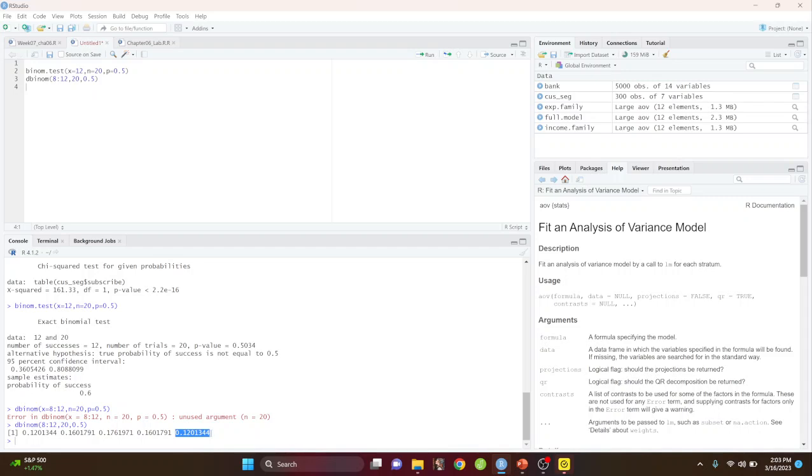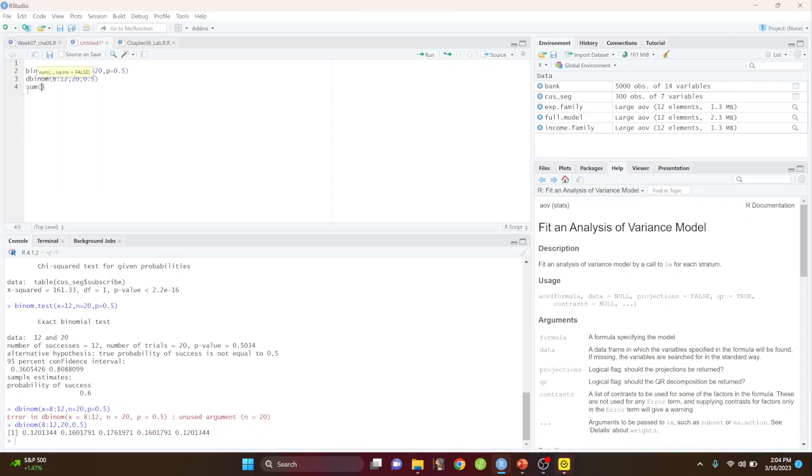Now, sometimes you might want to sum this up. You want to see if I take all these sample sizes, all these customers ranging from 8 to 12, we can sum all these and find out what is the total probability as well by using the sum function.